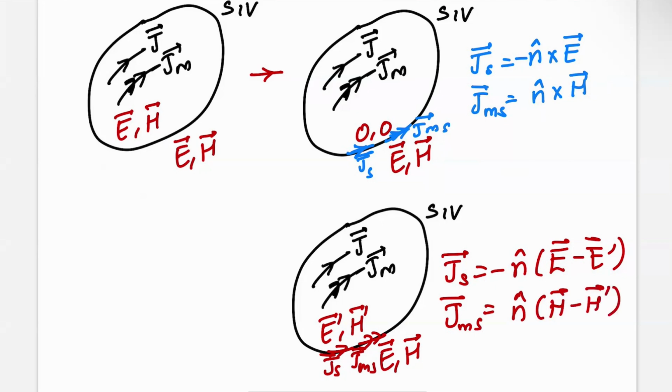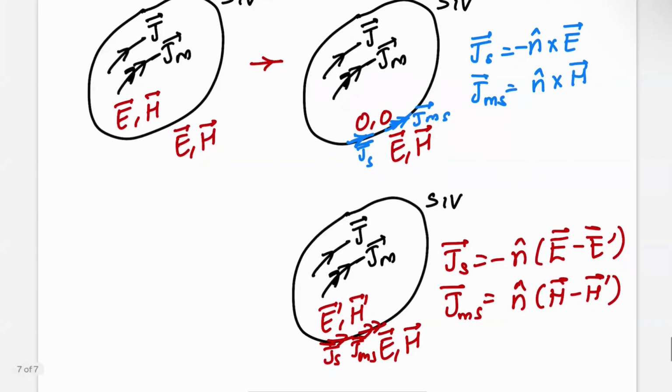That still maintains the same fields outside, while the fields inside have changed, and we have the same total field outside.